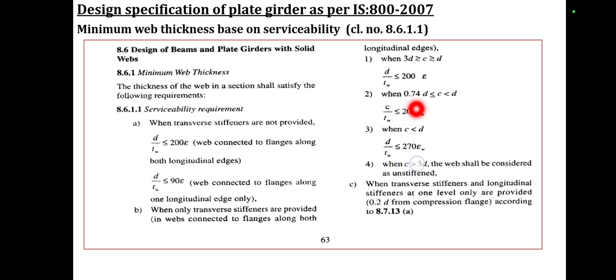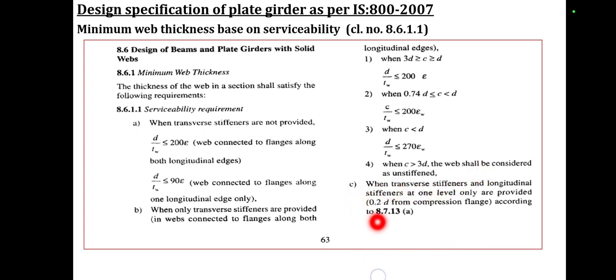When 0.74d is less than c and c is less than d, then c by tw should be less than or equal to 200 epsilon. When c is less than d, that is the center to center distance between the two vertical stiffeners is less than the depth, then d by tw is less than or equal to 270 epsilon. And the fourth case is when c is greater than 3 times d, the web shall be considered as unstiffened.